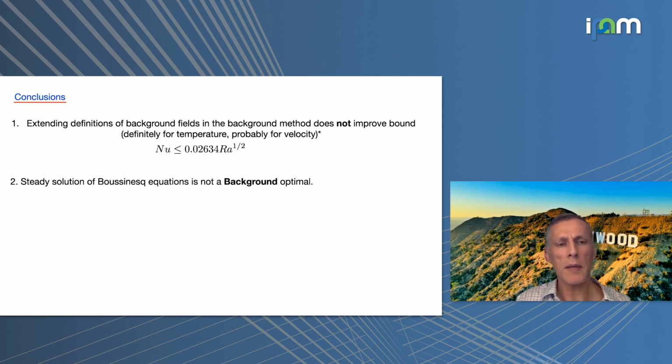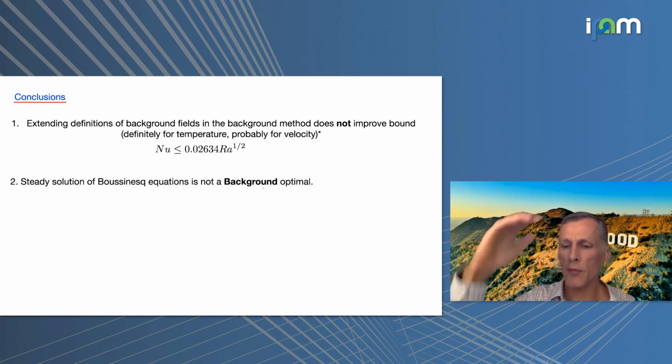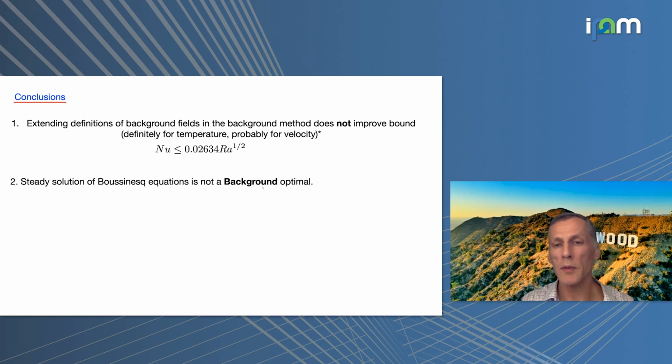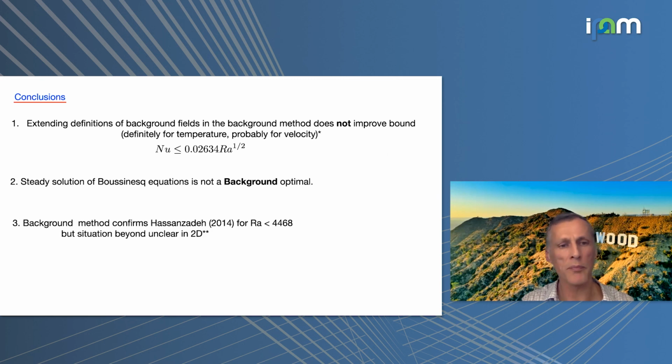And getting back to whether the steady solution of the equations can be an optimal, well, it certainly can't be for a background problem because of this lifting off the saddle point due to the spectral constraint. And the background method, as I've briefly described here in 2D, confirms Hazen-Zadar for a Rayleigh number of less than 4468.